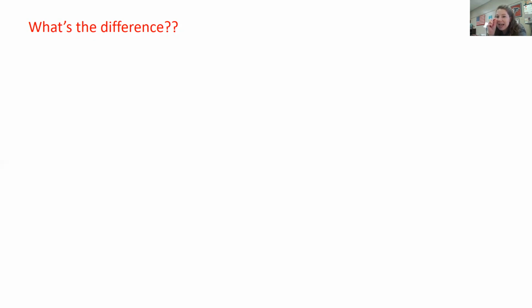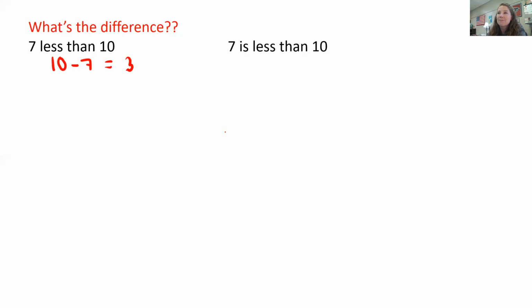But there is a slight difference in when to use a subtraction symbol and when to use the less than symbol. If I said 7 less than 10, so let's say my friend had 10 M&Ms and I had 7 less than that number, that means I'm going to subtract. 7 less than 10 means 10 minus 7, which of course is 3.